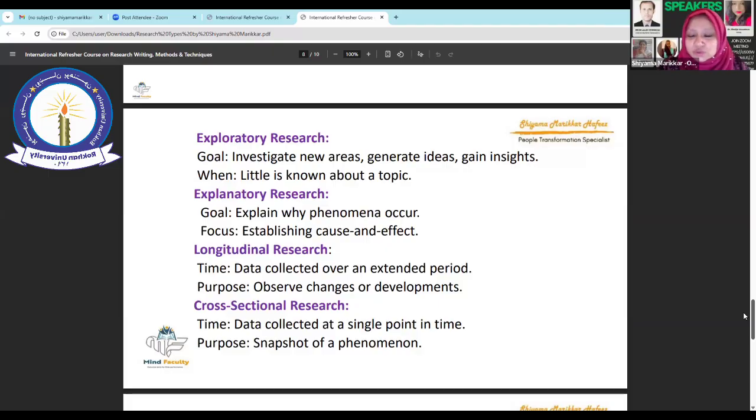And usually this is used in marketing or business research. There they will investigate new areas, and they will find out from people by interviewing them or giving surveys. You will gain more insights, even though you have gone in with a different idea.